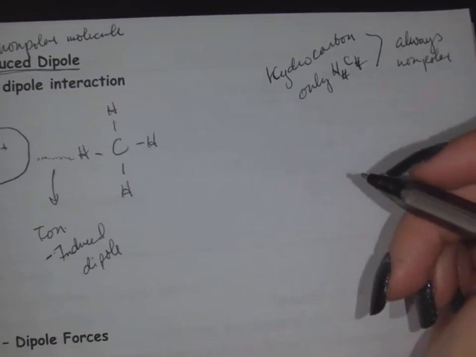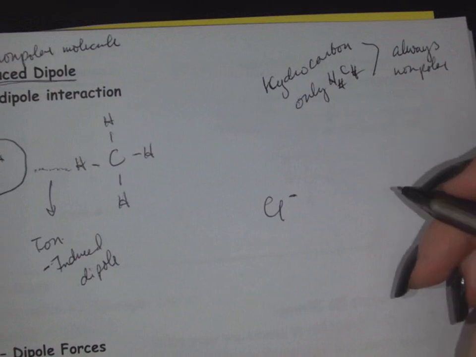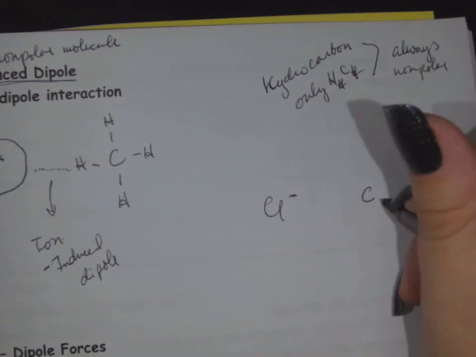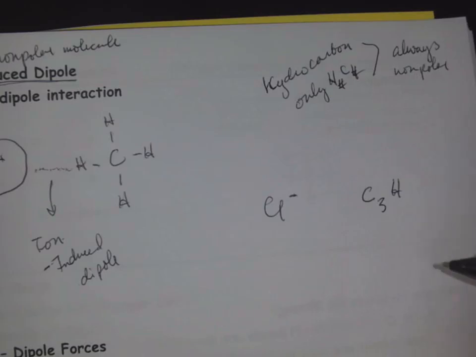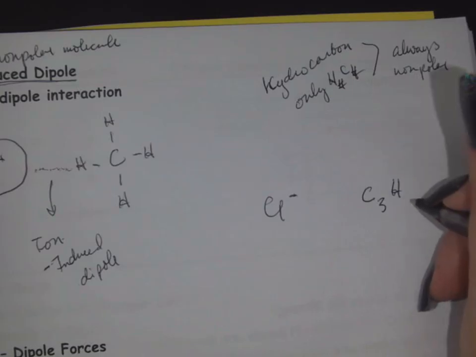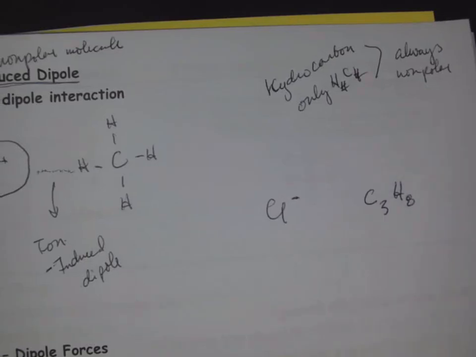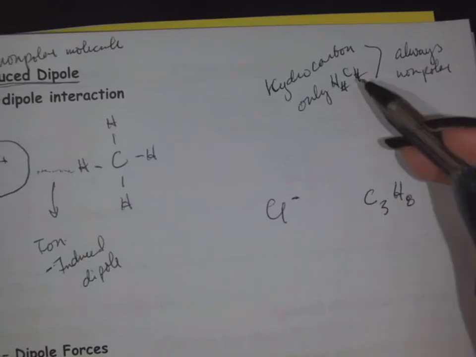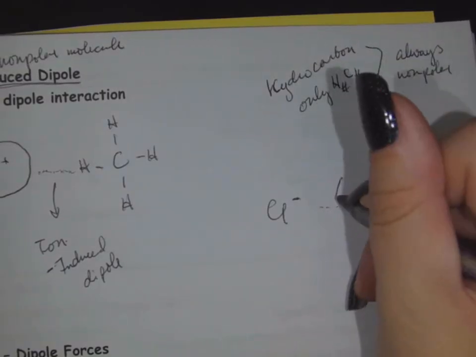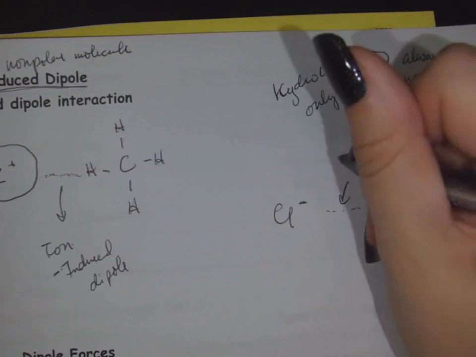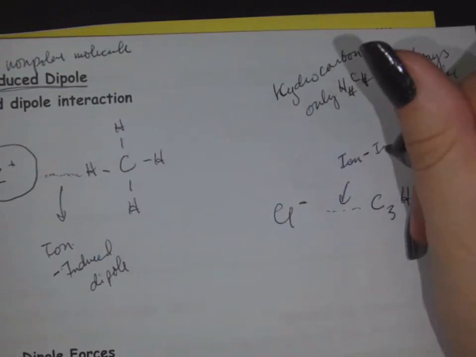As soon as I see that I have an ion and then some molecule that, let's just say, C3H8, however that structure looks, doesn't really matter because it's a hydrocarbon. So any attraction between those two is an ion and then an induced dipole.